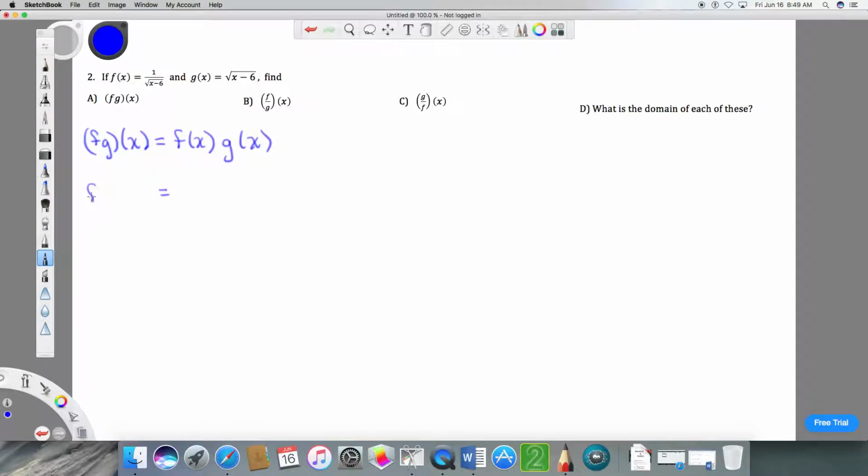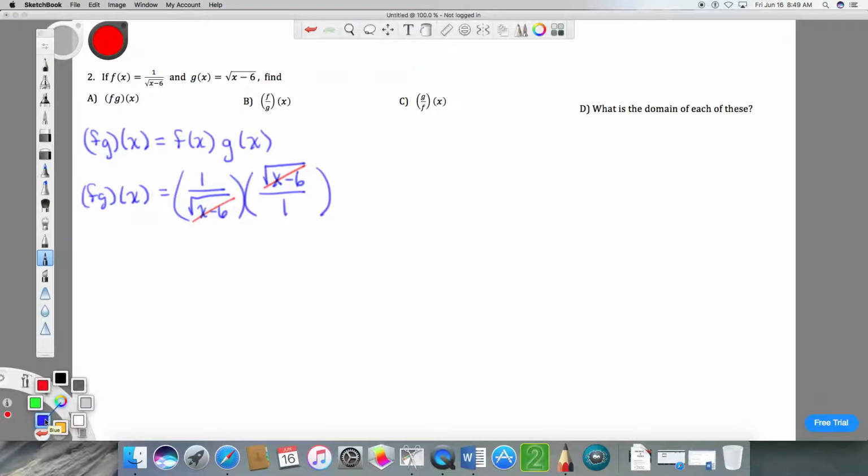So what we get here is that f of x is this fraction, this ratio, and since I have a fraction and I'm multiplying it, I'm going to write this square root of x minus 6 as a fraction by just saying divided by 1. And you can always do that. All right, so I have a common factor in the numerator and denominator, and so this reduces to just the number 1.